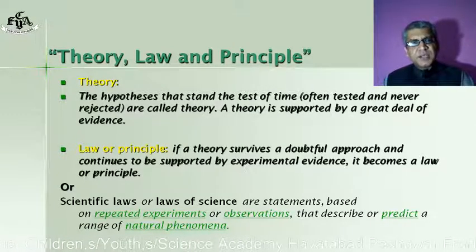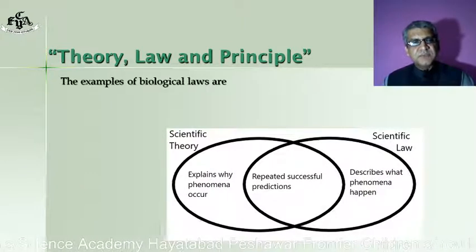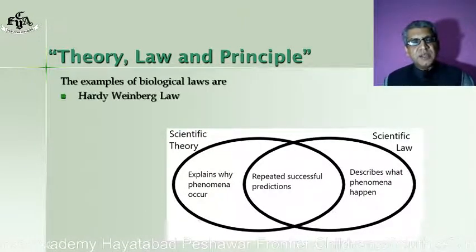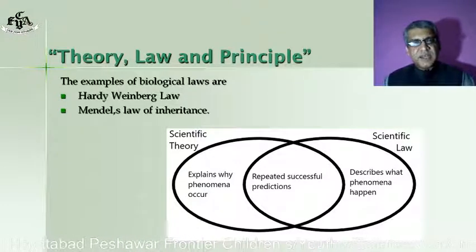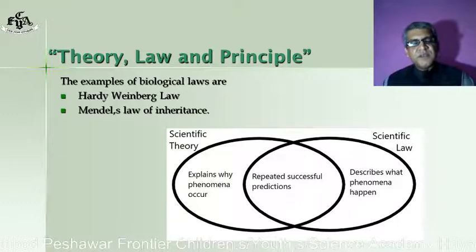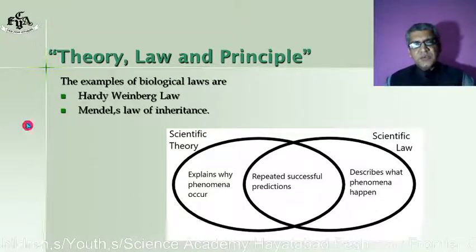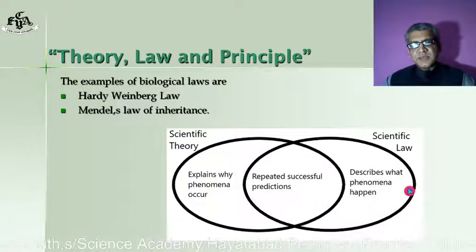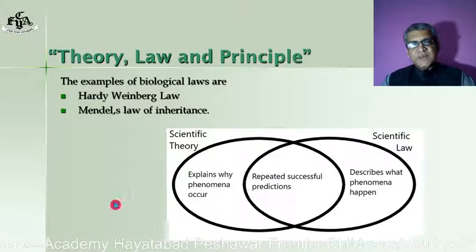In biology, there are some laws. Later on in class 10 we will discuss these laws in very detail, and examples of biological laws are the Hardy-Weinberg law and Mendel's law of inheritance. And Mendel's law of inheritance, inshallah, in class 10 there is one chapter on genetics, and we will discuss that law. In this diagram you can see a relation between scientific theory and scientific law.